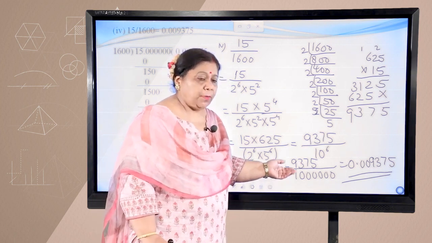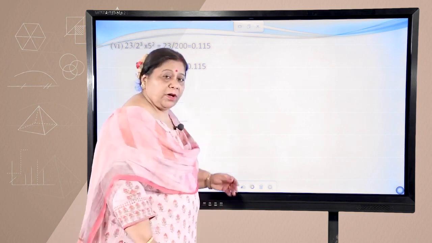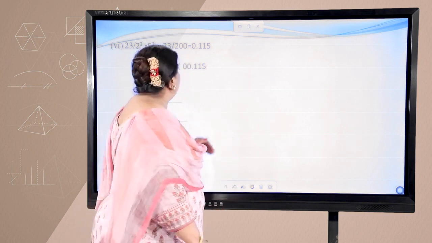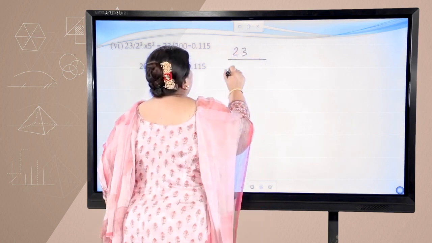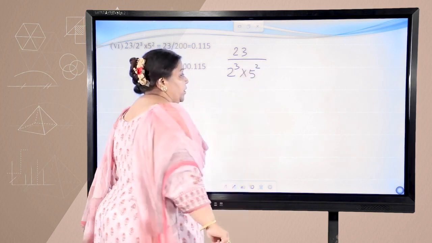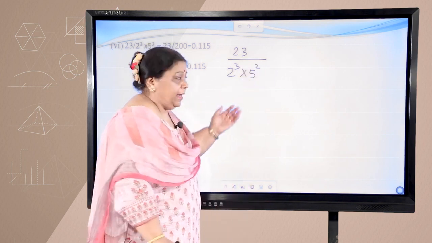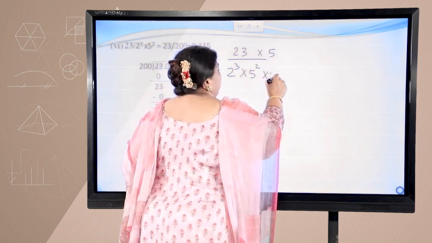Now, let us see the next part. Here in this question, we have 23 upon 2 to the power 3 into 5 to the power 2. So, the factors are already done for us, 2 to the power 3 into 5 power 2. In order to get a power of 10, I need to just multiply and divide by 5 power 1.